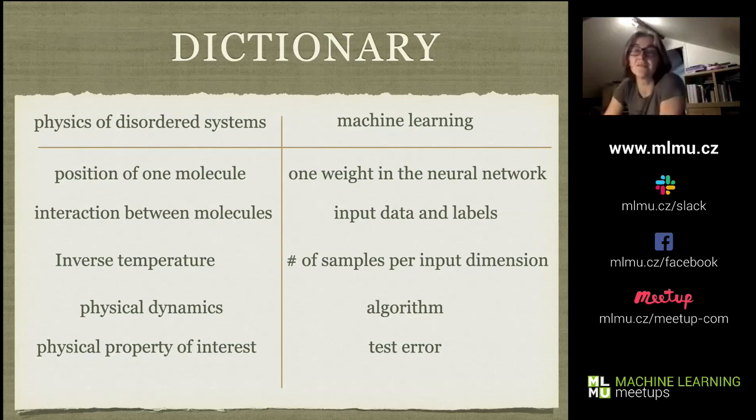In terms of the inverse temperature in physics, you take the number of samples per dimension. In terms of the physical dynamics, you think of the algorithm. And in terms of, say, the magnetization or the density, you think of the test error. It mathematically really is just a dictionary from one to another, but otherwise it works the same.